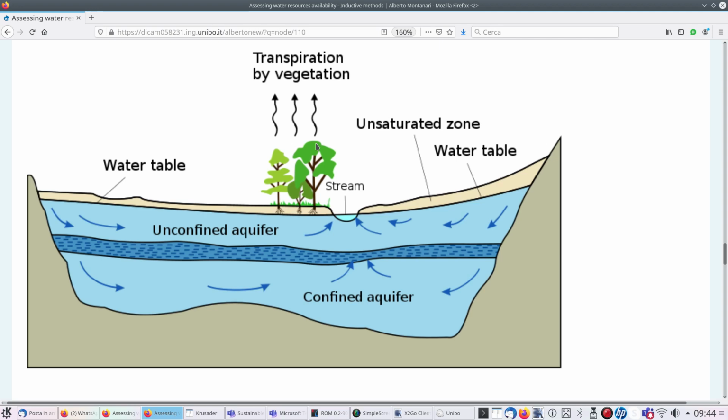It often happens that you have layers that are impermeable into the soil, like the dark blue layer that you can see in this figure. Which means that if water is able to reach the soil below the impermeable layer, water is confined.